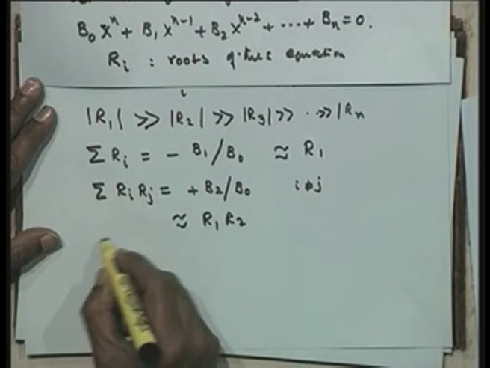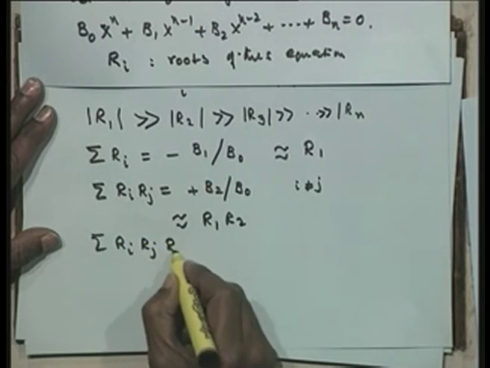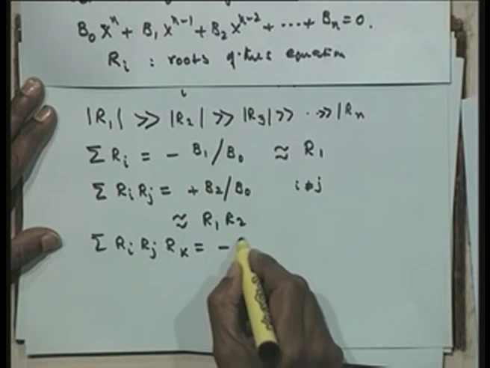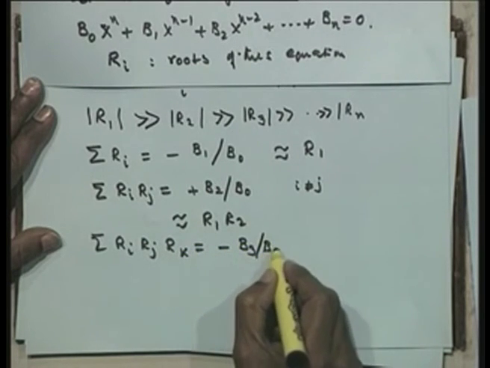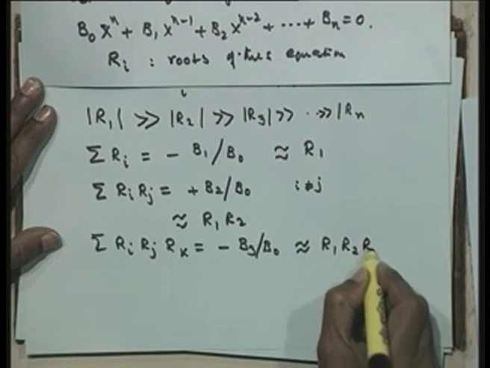For example, the sum of Ri Rj Rk will be minus b3 by b0, and this I will approximate as R1 R2 R3.